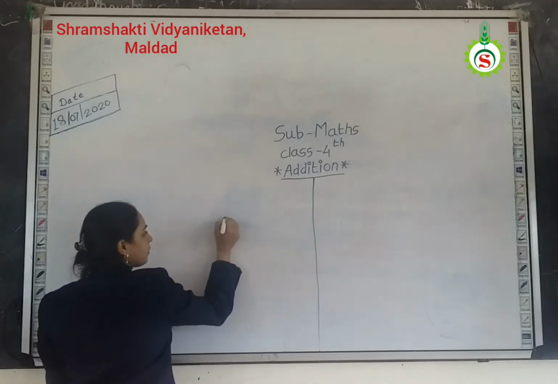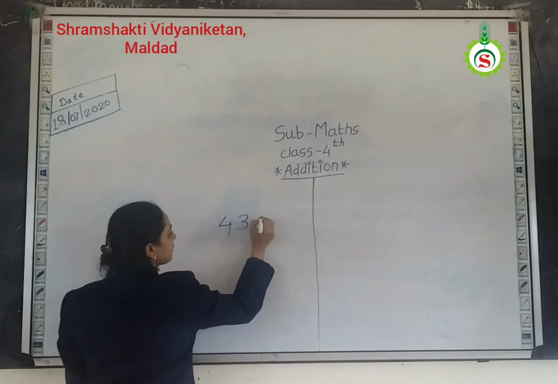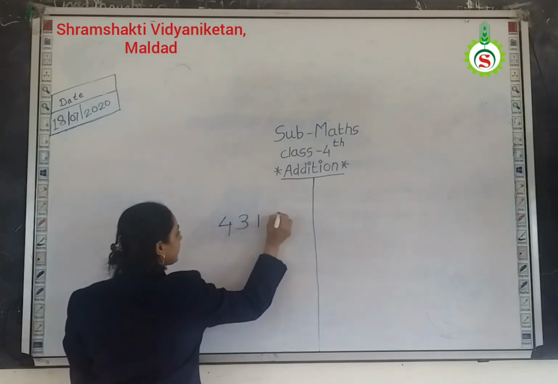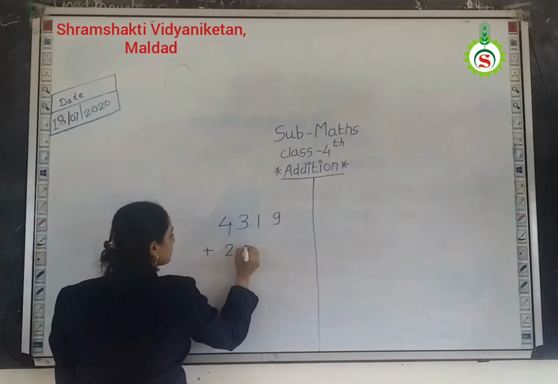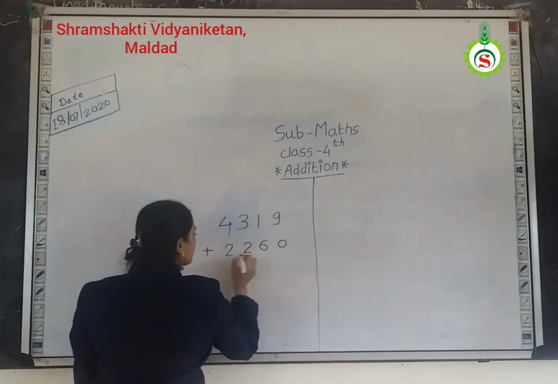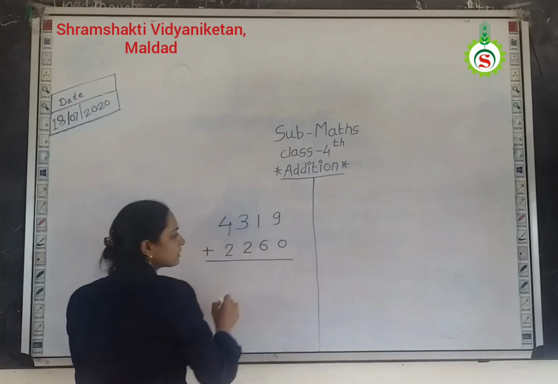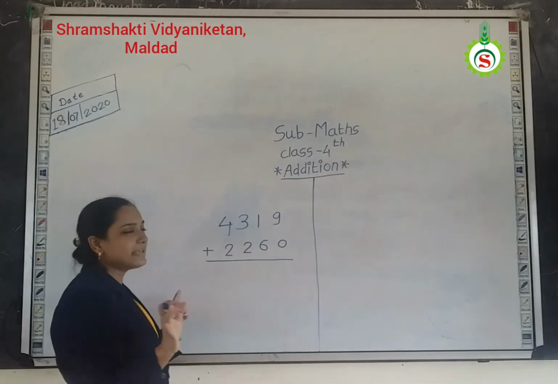Look here. 4,319 plus 2,260. Students, try to solve this example. Very easy.